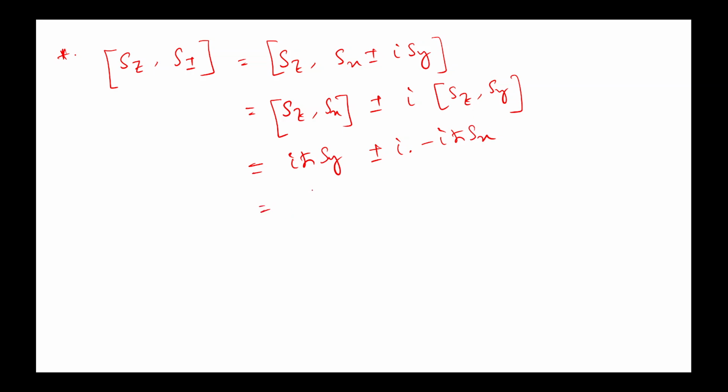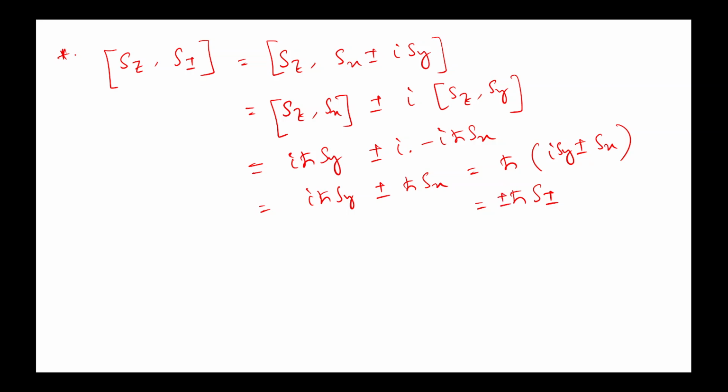So you can write it as i h cross Sy, and with this minus, this is actually plus minus h cross Sx. You can take common h cross, and you have i Sy plus minus Sx, which is basically plus minus h cross S plus minus.